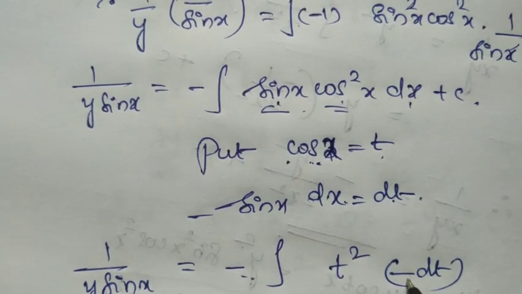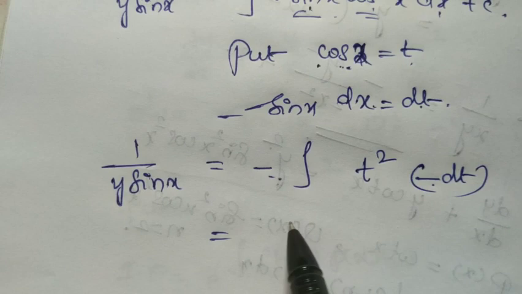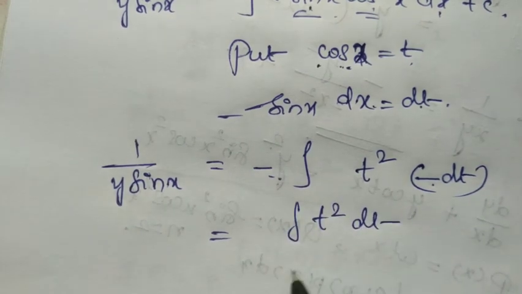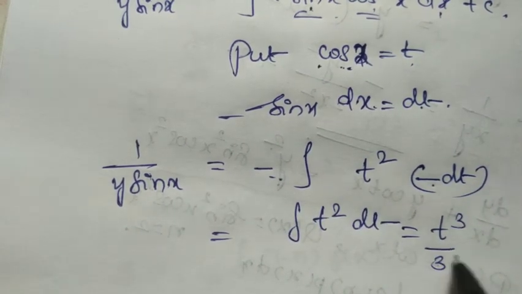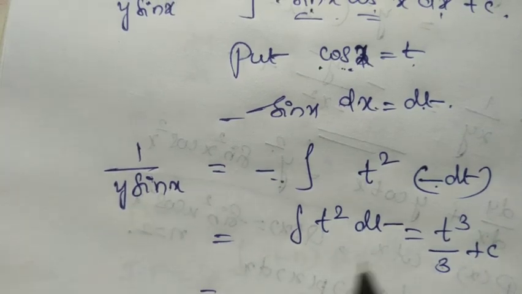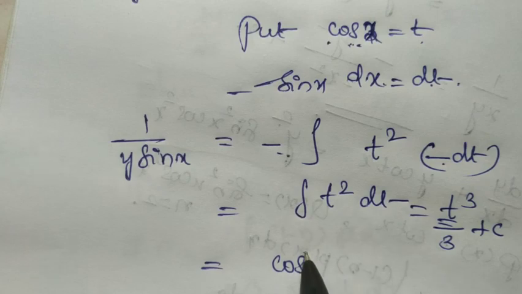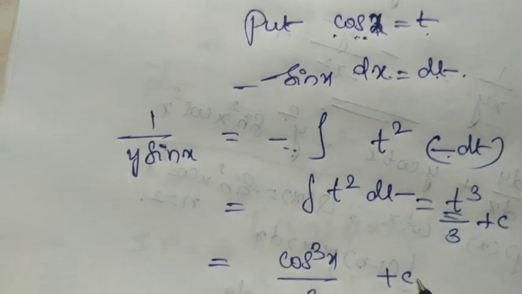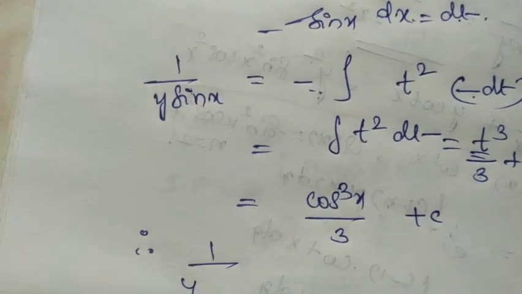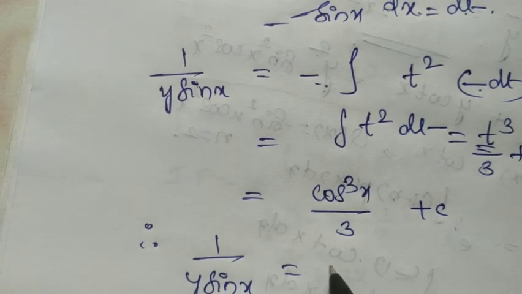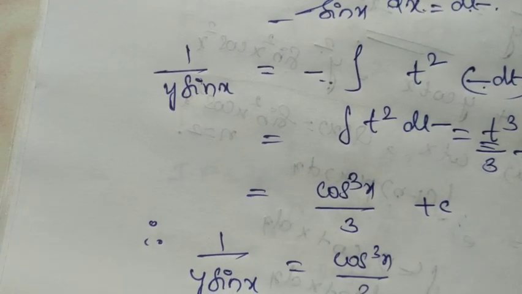So minus into minus plus integration of t square dt, so that is t cube by 3 plus c. So what is the t value? Here t equal to cos x, so cos cube x by 3 plus c. So therefore 1 by y sin x equals cos cube x by 3 plus c.